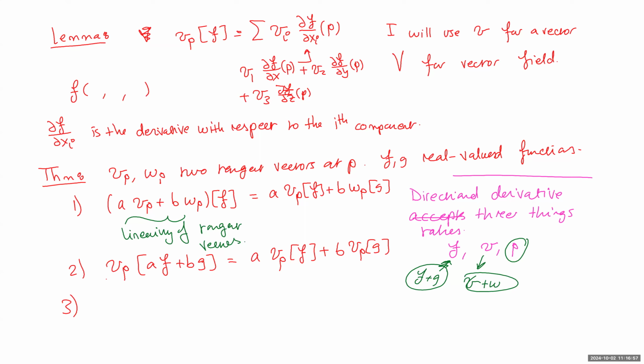So here, VP of fg is VP of f, we multiply that with g at point P. Then we will have the other term: f of P times VP of g. Okay.